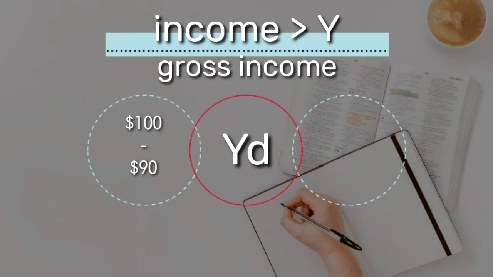Now, back again with your $100. It is still gross income. And as you know, the income must be subtracted by the income tax. And by this, we can conclude the formula of YD, or the disposable income. YD equals income minus tax.